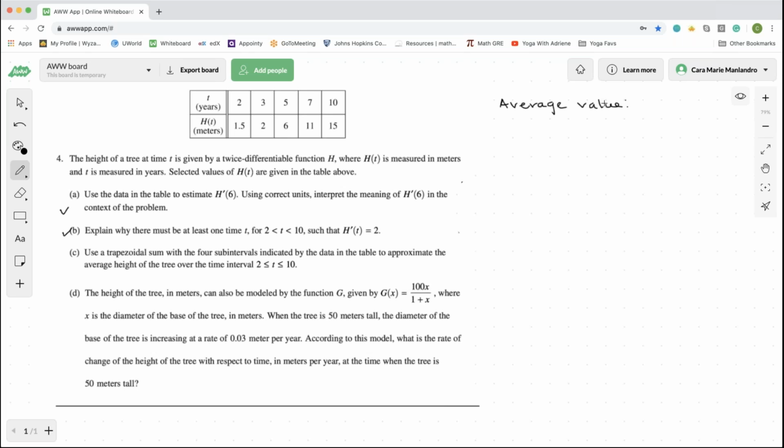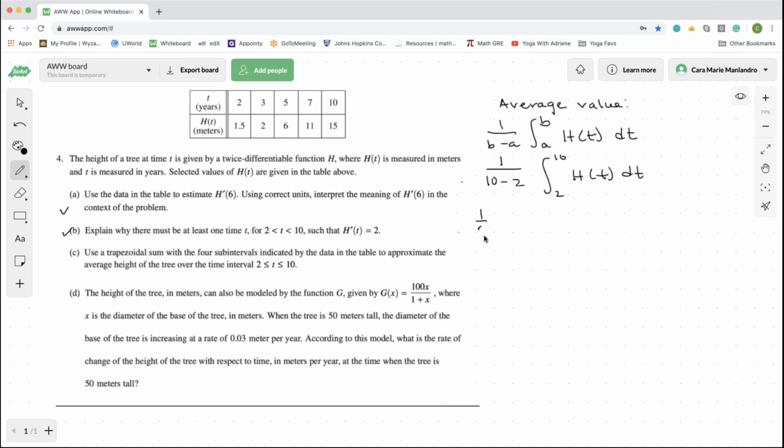So the average value is 1 over b minus a, the integral from a to b of h of t dt. All right, and so we are figuring out for 2 to 10. So we need to approximate 1 over 10 minus 2, the integral from 2 to 10 of our function. All right, and we're going to do that using the trapezoidal sum rule, like they asked us to do.